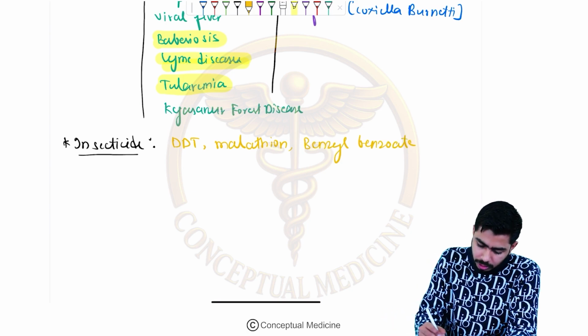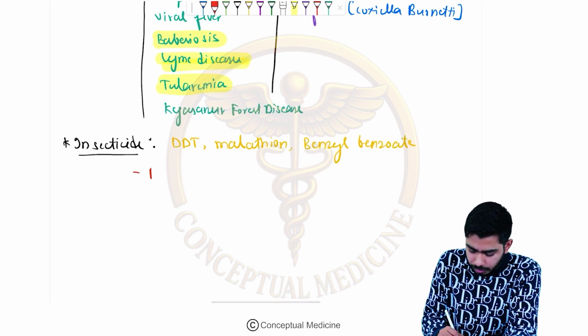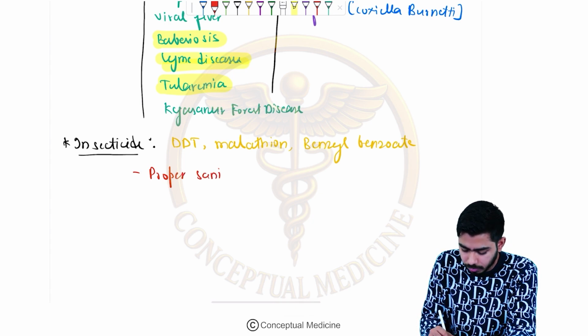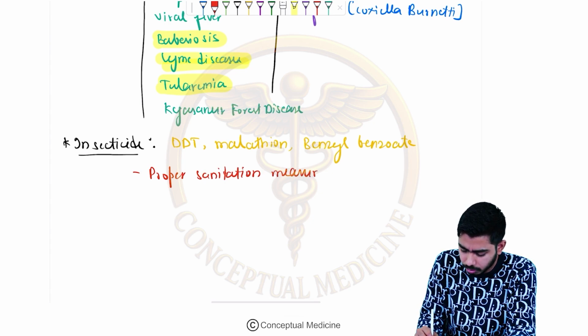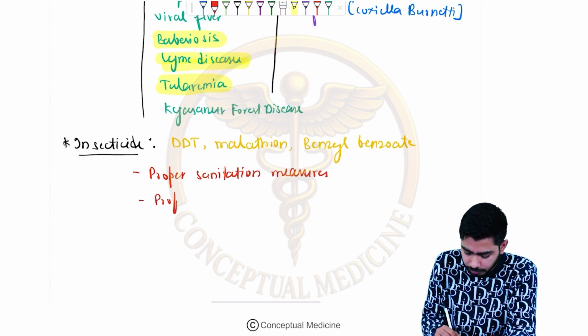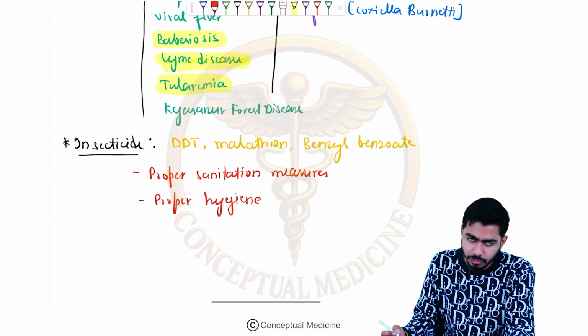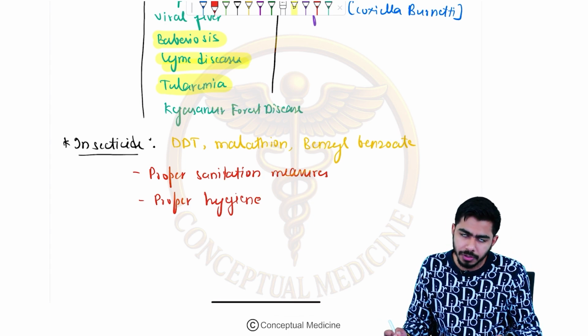Okay. Obviously, with that, proper sanitation measures and proper hygiene. These are the measures which you should be taking care of. Proper sanitation measures, right? You should be actually considering the proper hygiene and all, right? That will be tremendously decreasing the chances of spreading of the ticks, definitely, right?